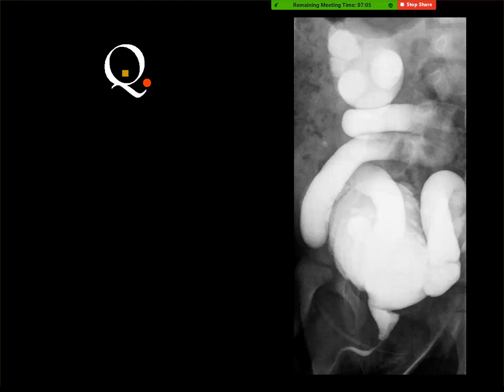The vesicoureteric reflux. Yes, what is the cause?